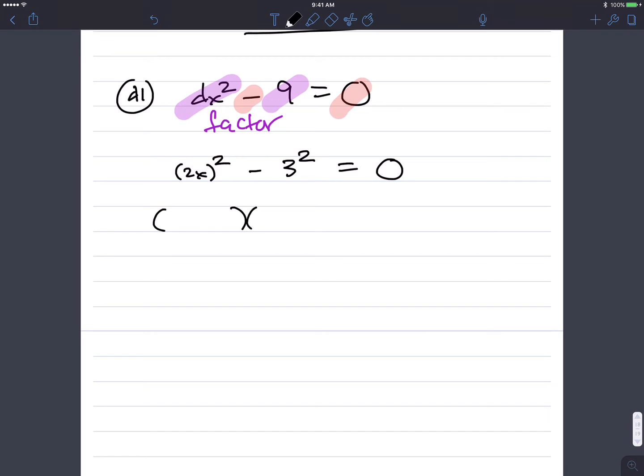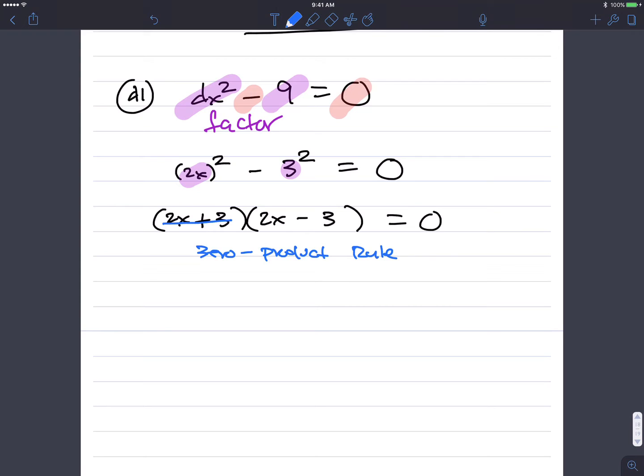So let's factor this. Again, go back. My base is 2x. So I'm going to write my 2x and my 2x. My base is 3. I'm going to write my 3 and 3. What are the signs? Plus and minus. Okay? I'll write it down again. The zero product what? Rule. Remember, I got a product here.